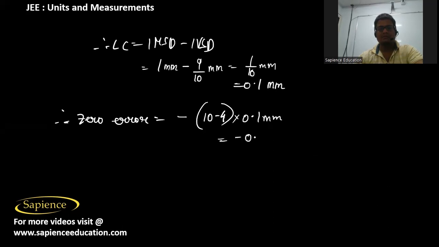So that will be minus 0.6 millimeter. So it is the negative zero error.